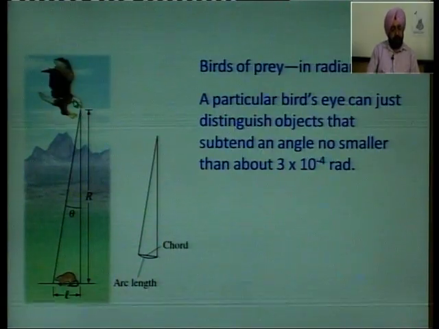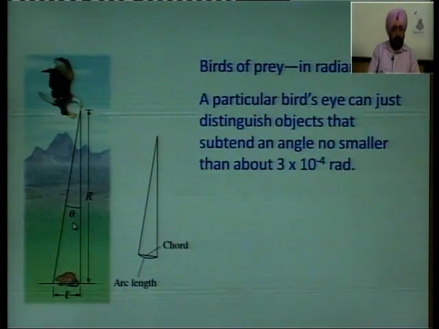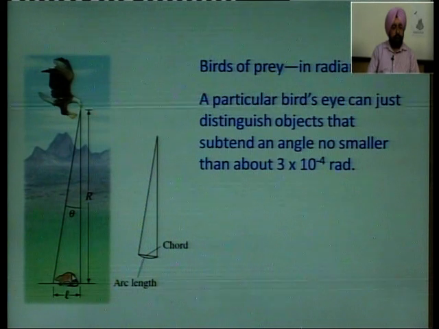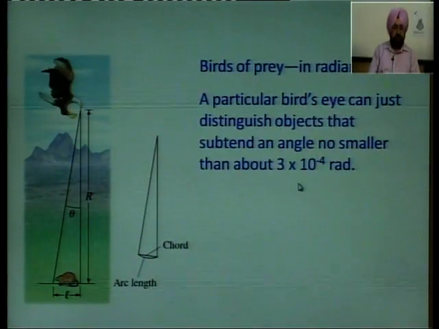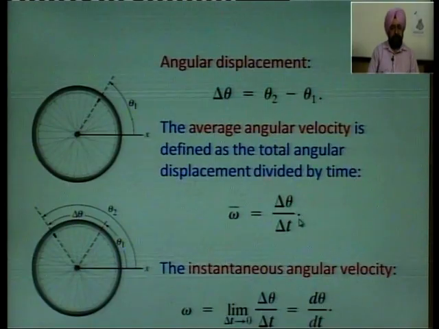Birds of prey, when a bird tries to catch this mouse, he sees through what angle he has to go so as to catch this mouse. A particular bird's eye can just distinguish objects that subtend an angle no smaller than about 3 into 10 to the power minus 4 radian, a very small angle.